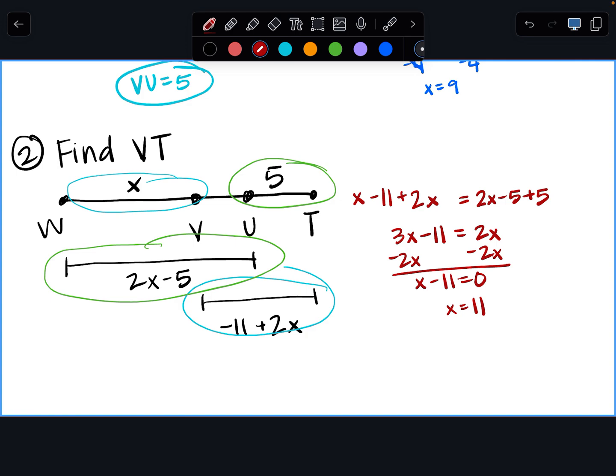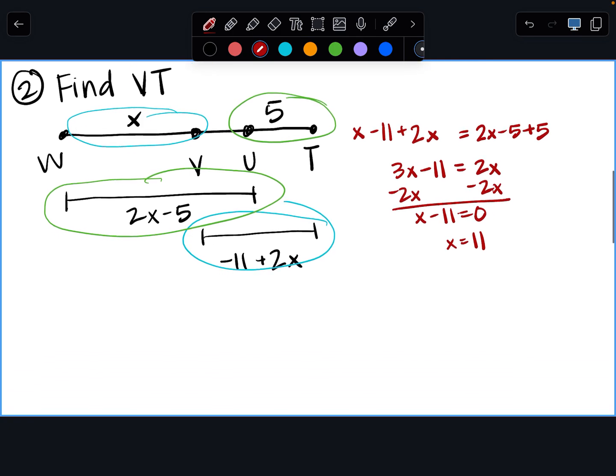So what is the length of VT? Here is the expression I need to substitute it into. VT is negative 11 plus 2x. Good. VT equals 11.